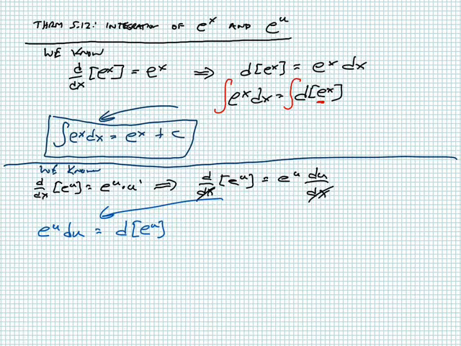Now I'm going to integrate both sides, and remember that d of anything integrates to that thing plus c. So what I've got here now is another rule, which is the integral of e to the u du is just equal to e to the u plus c.